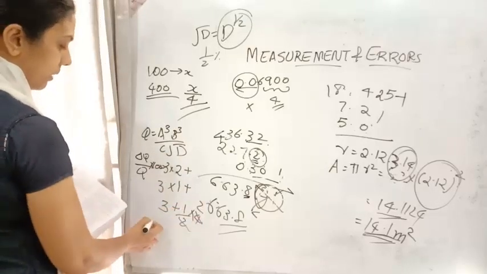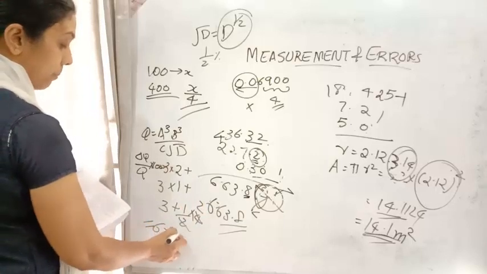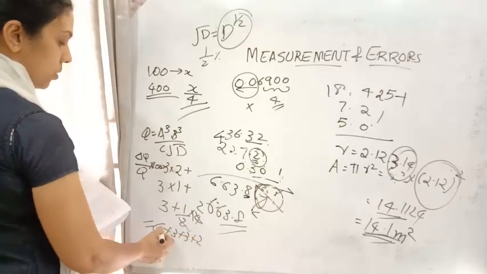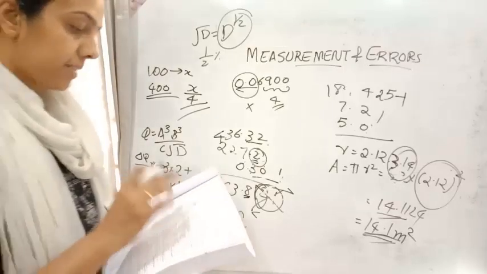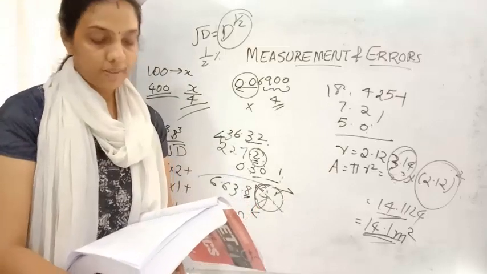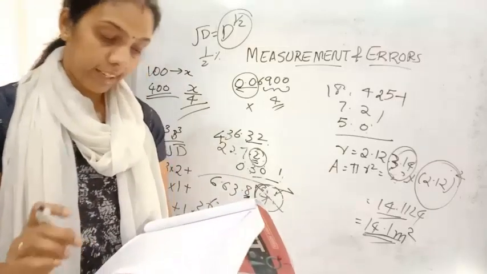Finally we get 6 plus 3 plus 3 plus 2, which is 14%. So the answer is plus or minus 14%. C is the correct option.